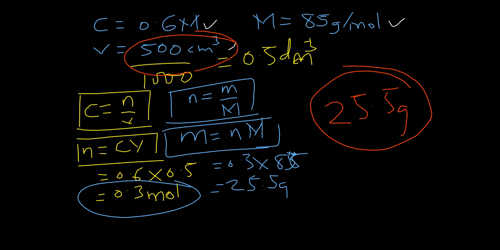We now cover it with a stopper, then we shake it well so that the mixture uniformly mixes together. At this point, we'll be able to form our 0.6 molar, 500 cm³ concentration of sodium nitrate. It's as simple as that.